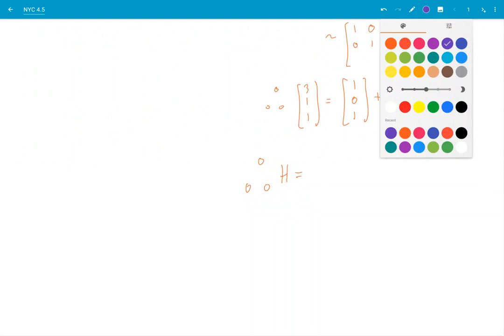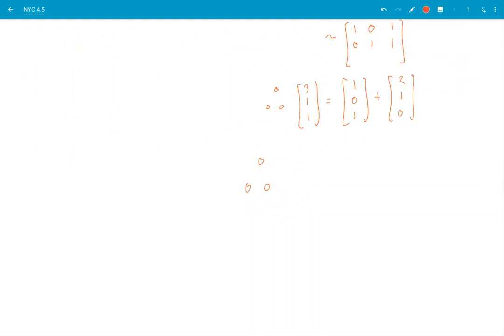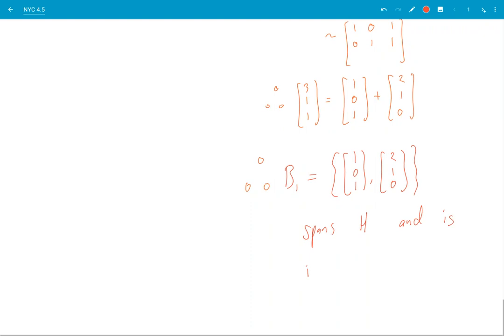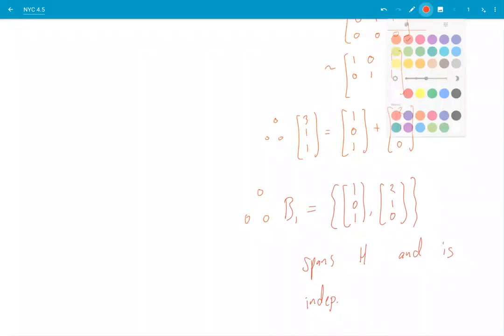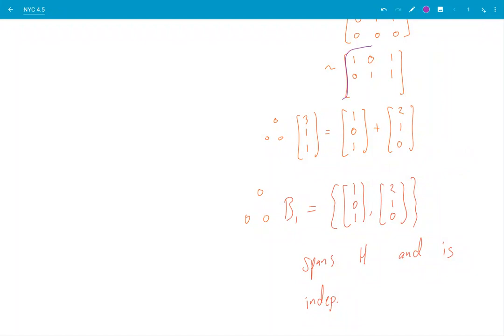So I'm actually going to write, let's call this B1, which is equal to just the first two vectors. It spans H and is independent. How do I know this set of two vectors is independent? Well, I just look at what happened right here.